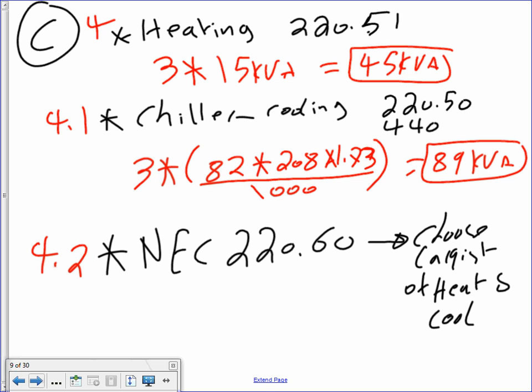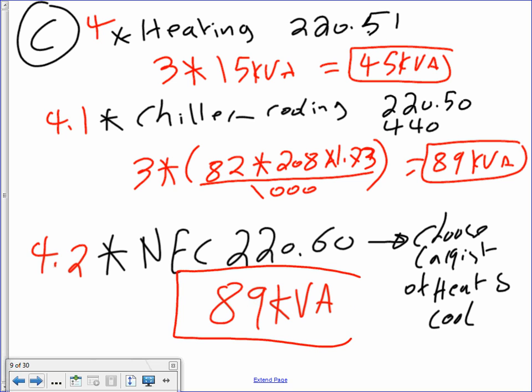These are simultaneously used. Choose the largest of heat and cool, and it doesn't take much to figure out that 89 kVA is your largest load of these 2 steps. That's step 4.2 in your calculation.